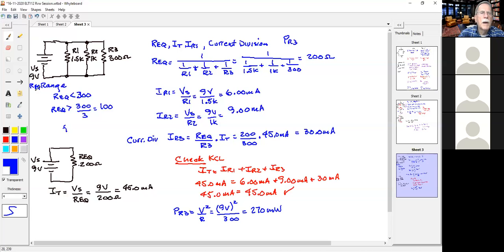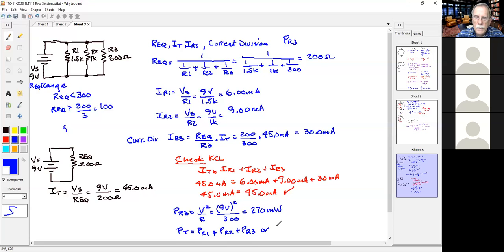So that could be a power problem. If we wanted to do P total, the total power, you could solve as either P R1 plus P R2 plus P sub R3, which would require me to calculate the power for R1 and the power for R2.